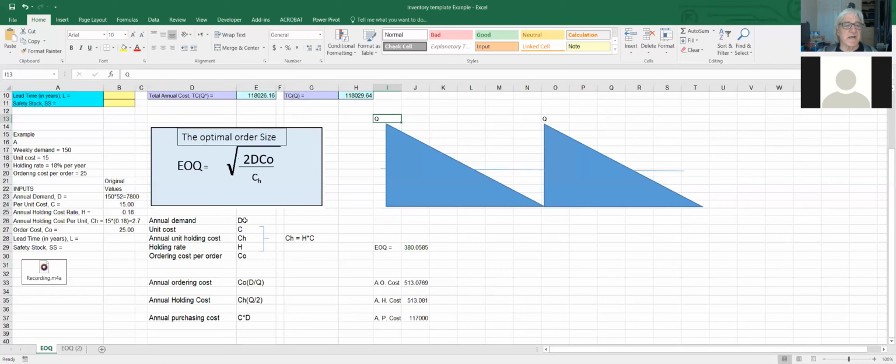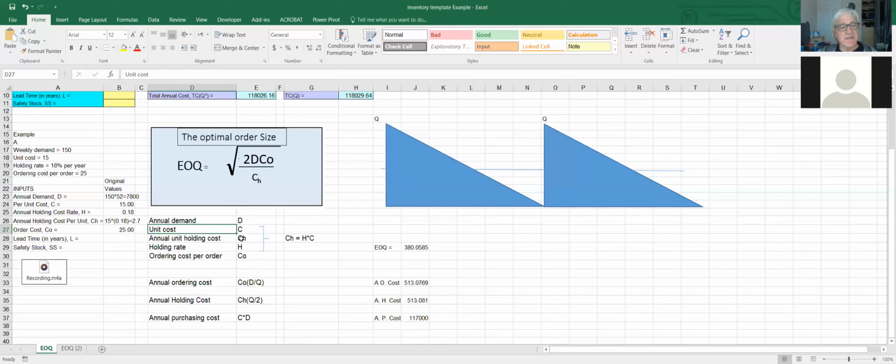So which costs are we trying to minimize? Let's look over the definitions that will constitute the total cost. We need to know what is the annual demand. We call it D. We need to know how much we pay per unit when we bring a unit in before we sell it. We call it C.